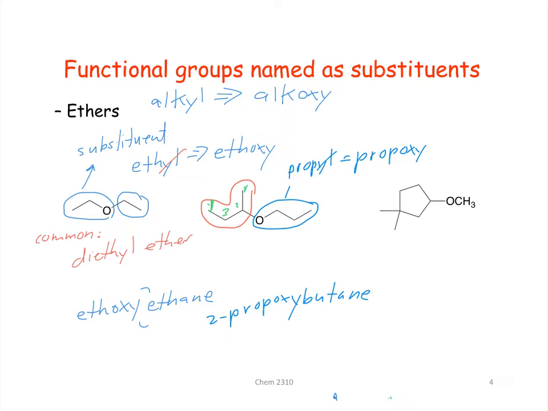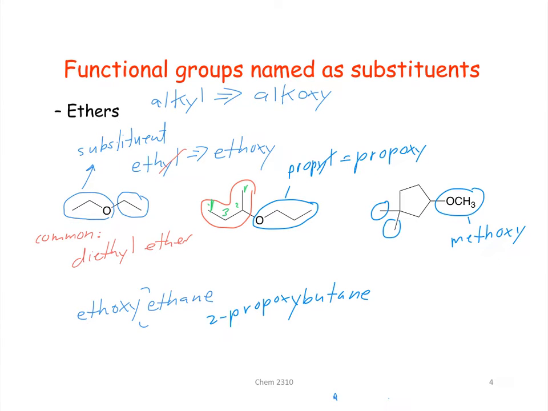Alright, so let's just do one more. Here's a cycloalkane. Right, so this is a cyclopentane, right? We can look at our 2 substituents. We have a methyl. We actually have 3, methyl and methyl. And then what's this one? This comes from methyl, but so this is methoxy.